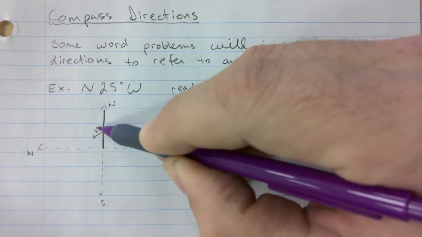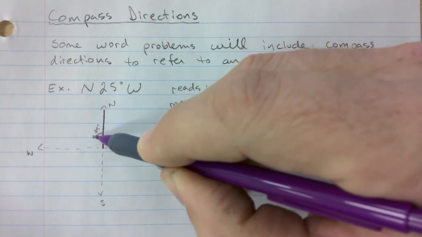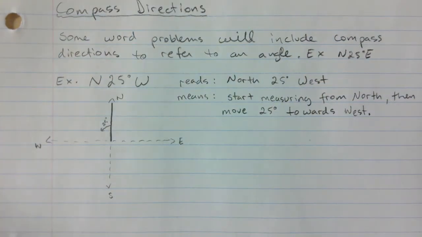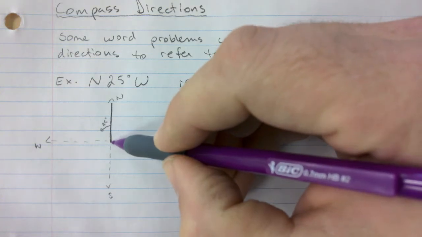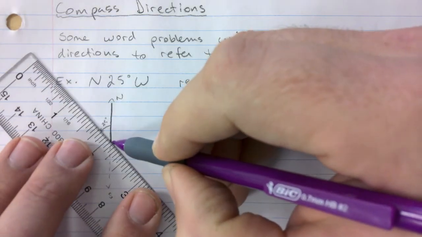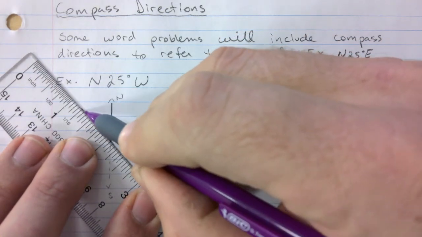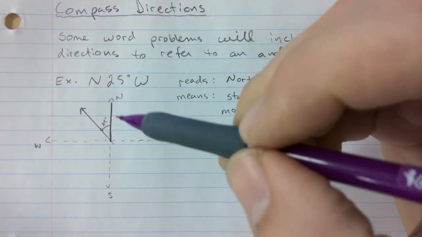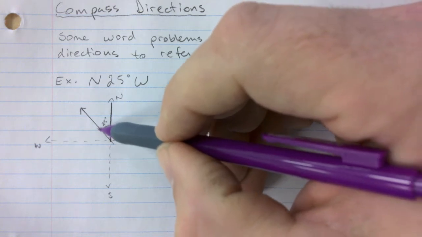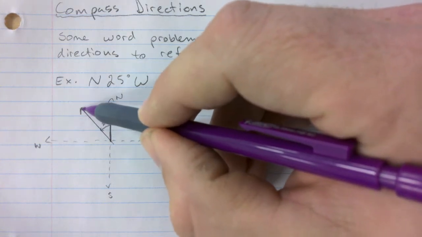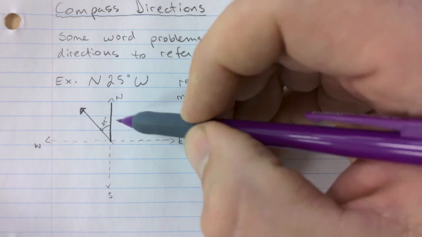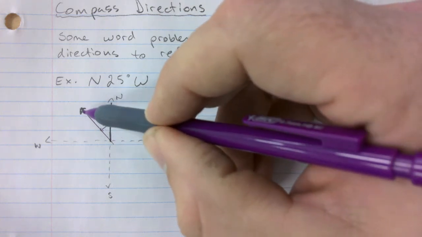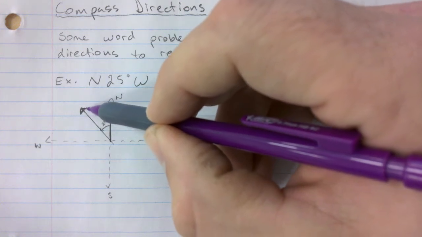Then you grab your ruler and draw a line again, always from the origin, and go out like that. So if you were flying a plane or a boat, you would be heading in this direction right now. So this is your direction.